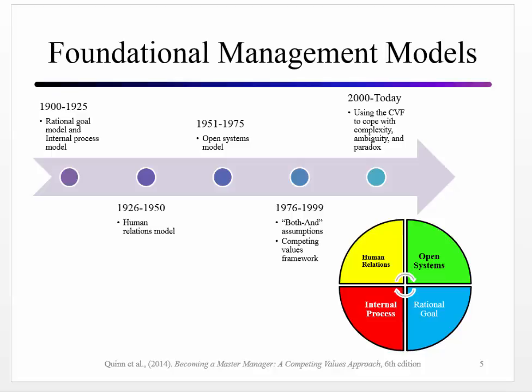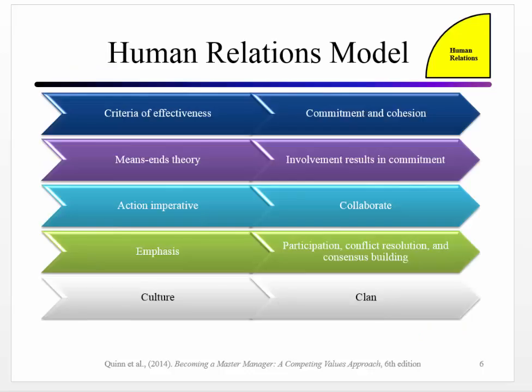Firstly, we're going to have a look at the human relations model in detail. So the human relations model, it's the top left-hand quadrant of the CVF framework in your text. And its criteria for effectiveness, what it considers an effective outcome for a management environment to be, is an environment that espouses or uses commitment and cohesion.